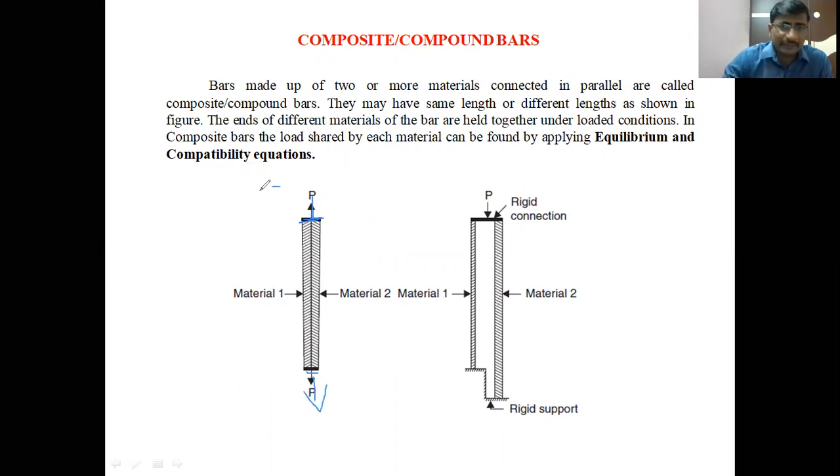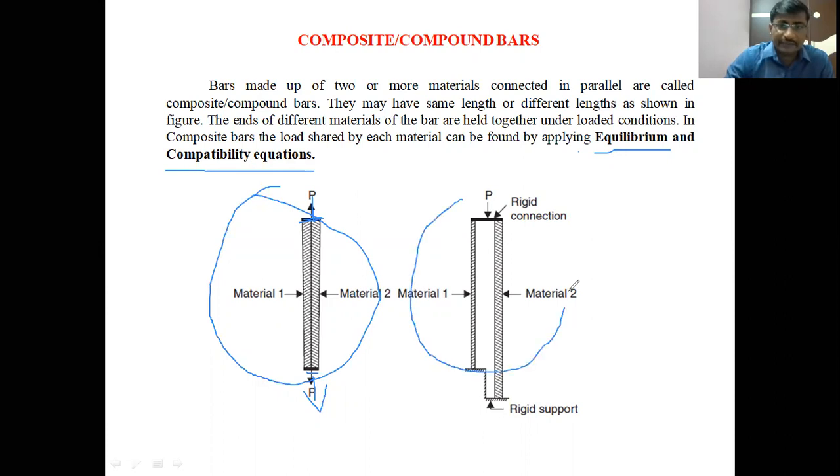Clear? These types of problems are composite or compound bars. These are statically indeterminate bars. We cannot solve these problems only by equilibrium equations, so along with that, we require a compatibility equation.